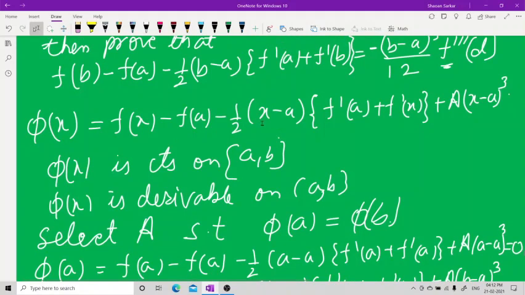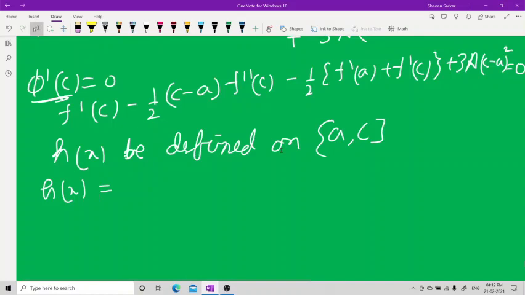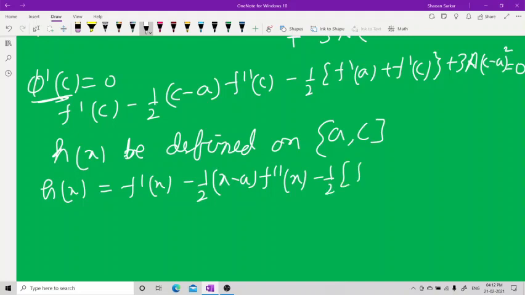So hx is f dash x minus half [f dash a plus f dash x] minus half (x minus a) f double dash x plus 3a (x minus a) whole square, wherever there is a c put an x.